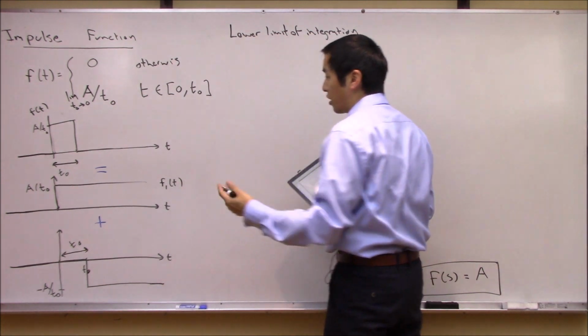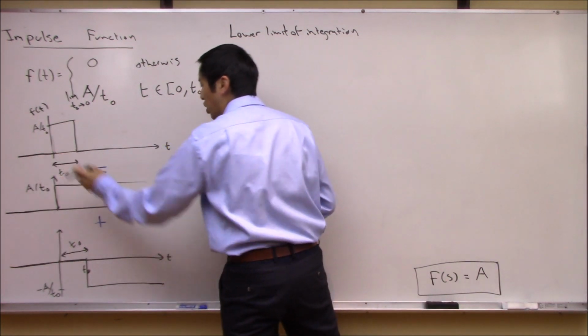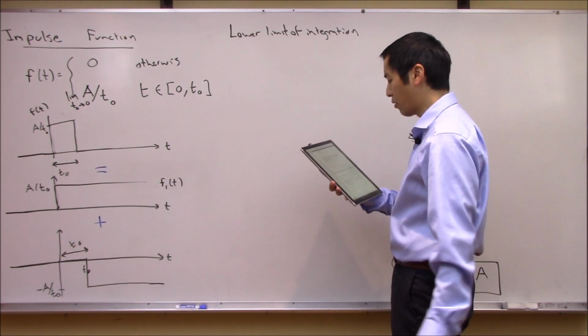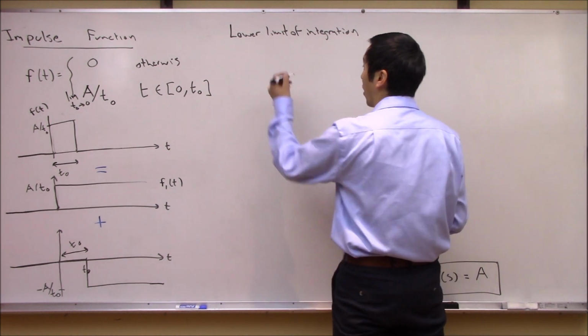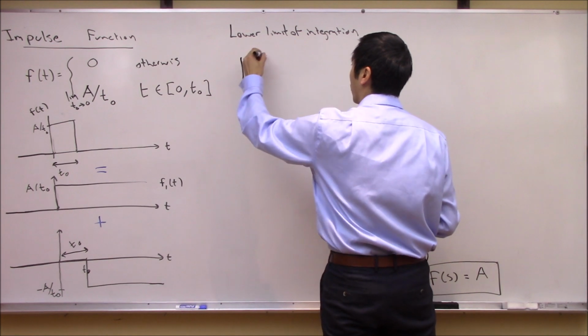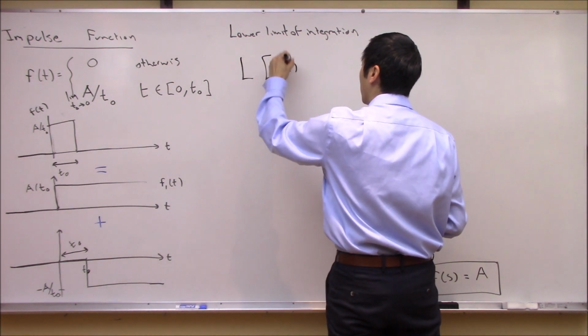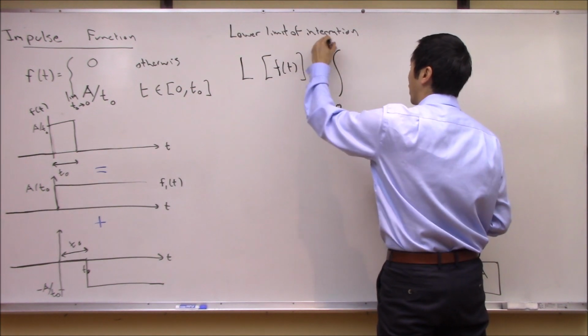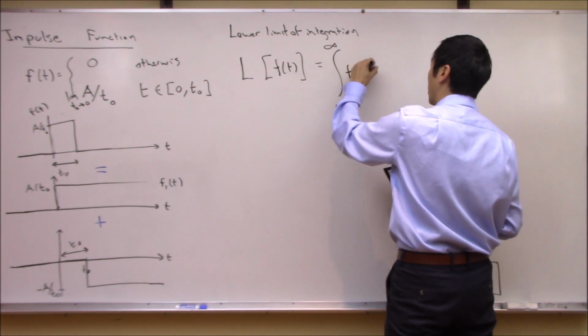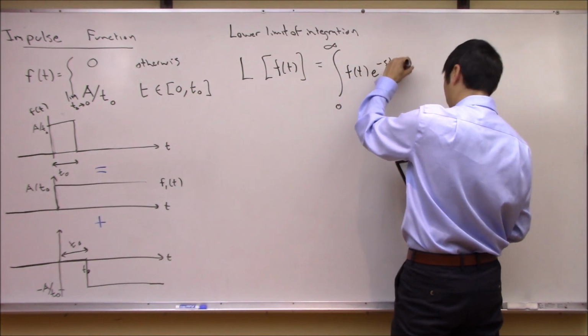So maybe we should be a little bit careful about the Laplace transform of some function f of t. This usually is defined from 0 to infinity, as we said: the function times e to the minus st dt.